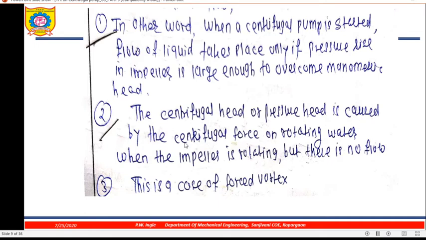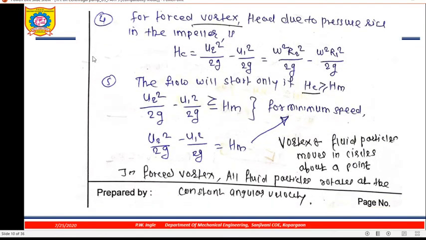Centrifugal head or pressure head is caused by the centrifugal force, and this is a case of forced vortex. Forced vortex means water will rotate about its own axis. So for forced vortex, the head due to pressure rise in the impeller is u2 square by 2g minus u1 square by 2g, that is, w square r2 square by 2g minus w square r1 square by 2g.